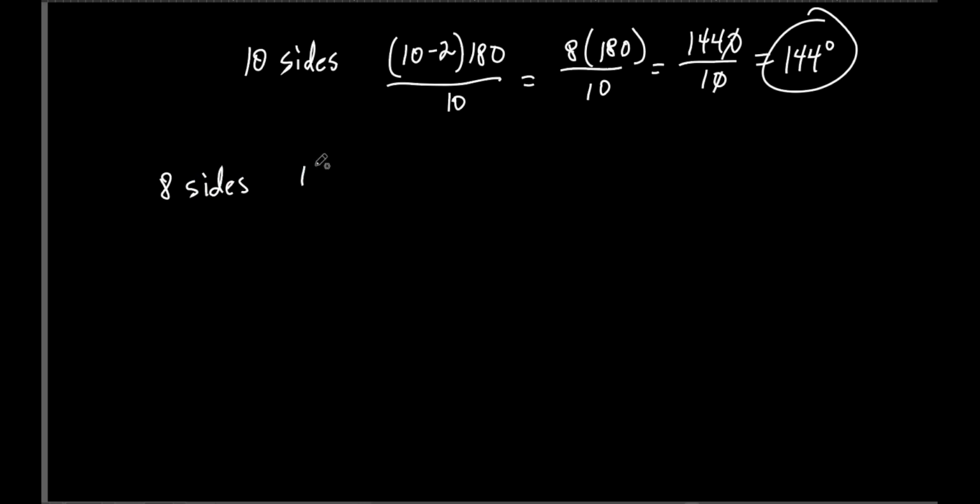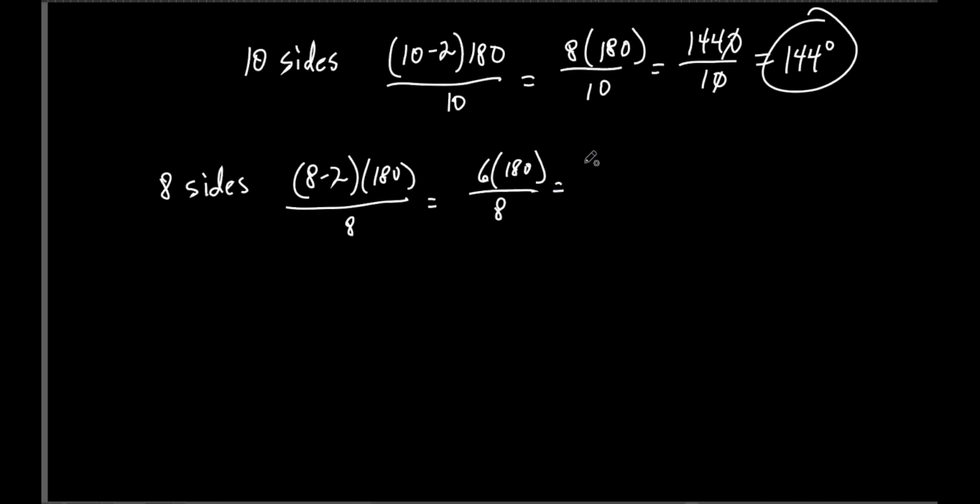So it's 8 minus 2 times what? 180 divided by 8. Let's do the math on that. That's 6 times 180. What did we say in 8-sided? Oh, we haven't done 8-sided yet.